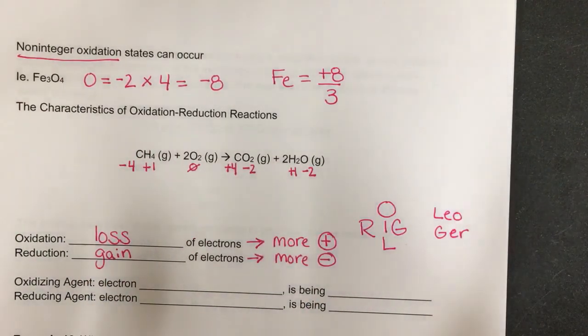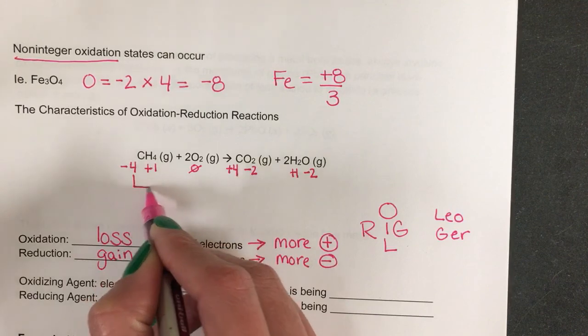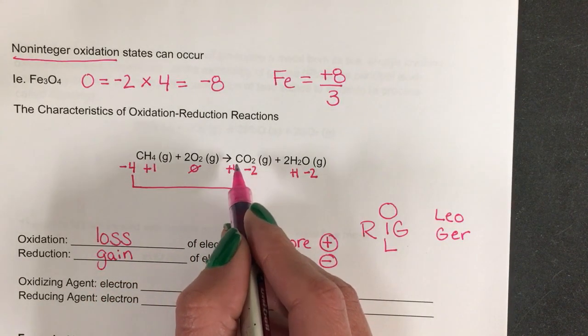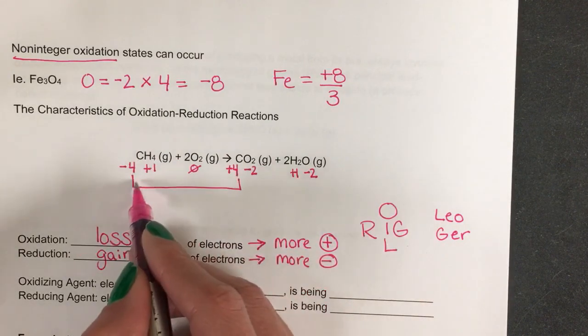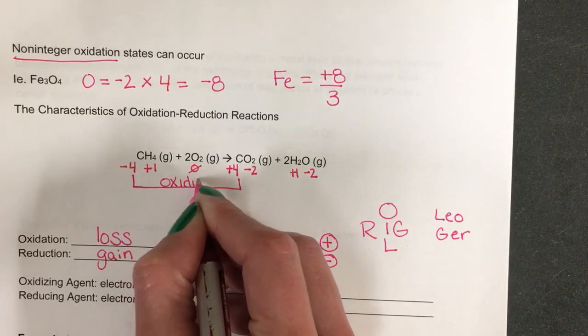to figure out who lost electrons or gained electrons by comparing oxidation numbers. Carbon started as a -4. Over here it's a +4. Because it became more positive, I know it lost electrons. It was oxidized.